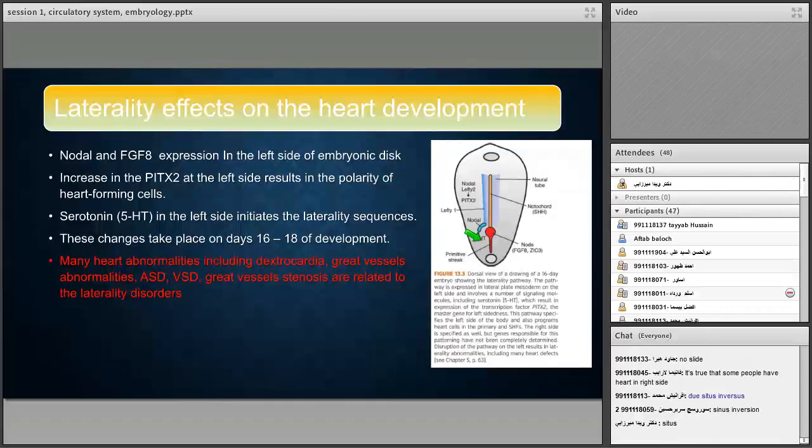Yes, in situs inversus we can see the reversed position of all of the organs.